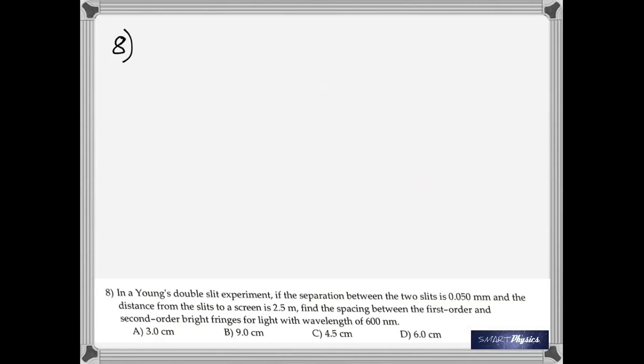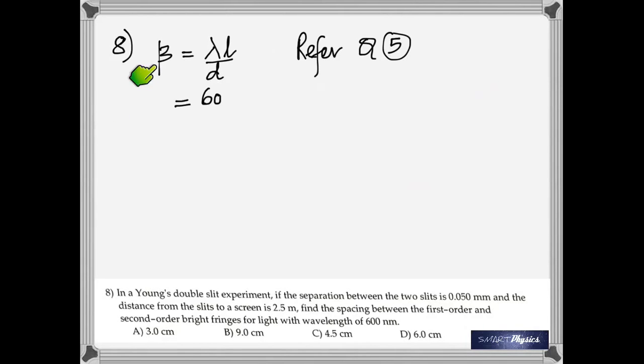8th question, again a Young's double slit experiment. The separation between the slits is given. The distance from the slits to the screen is given. You got to find the spacing between the 1st order and the 2nd order bright fringes, wavelength given. Now, one of the other questions we already found out, and that was question number 5, that I'm using a new symbol now to give the bandwidth. That's the spacing between any two dark or bright bands.